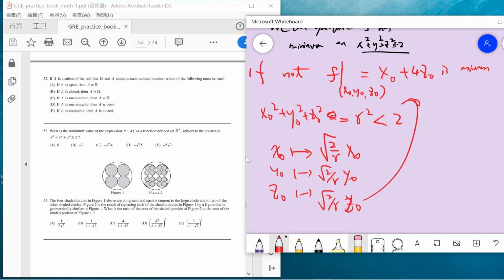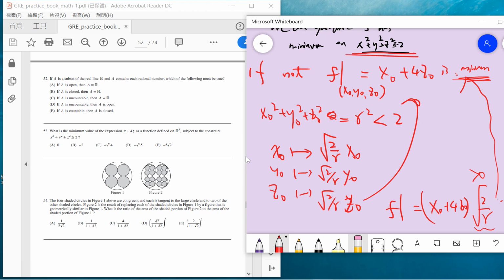Then I plug in f on these three points, and we get x0 plus 4z0 times the square root of 2 over r. Since r squared is smaller than 2, this factor is a positive number larger than 1, so this will definitely be smaller than this minimum. It makes a contradiction, so this is not a minimum. The only possibility is that x squared plus y squared plus z squared equals 2.